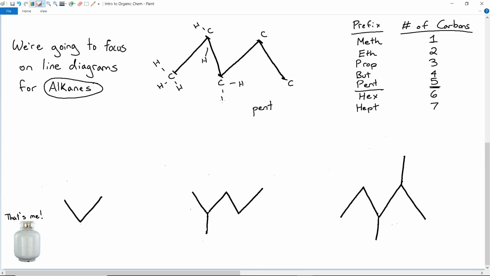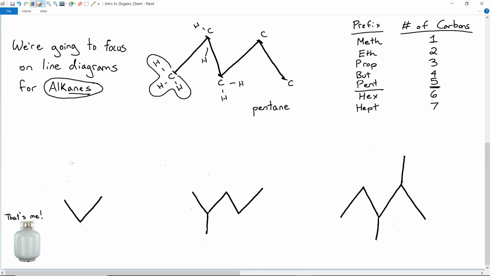So we're not actually drawing all of these hydrogen bonds when we do our line diagram. We're just assuming that all of this is happening based on these small line segments that we draw. But since we're dealing with alkanes, that's where this suffix comes from, which is why the name of this carbon chain is pentane.